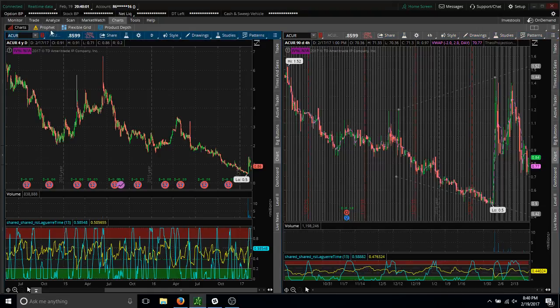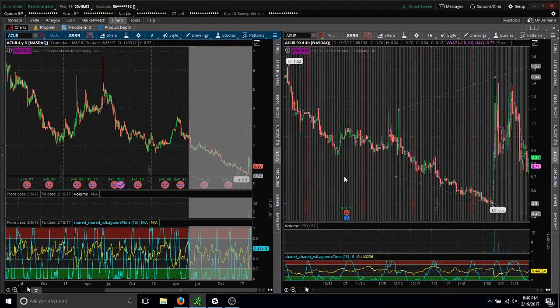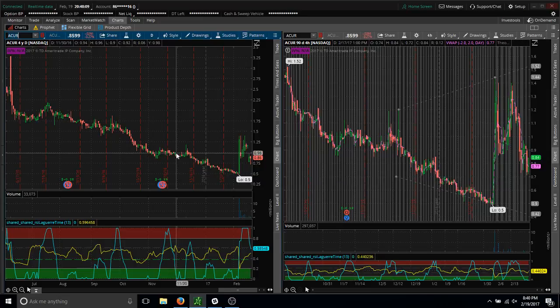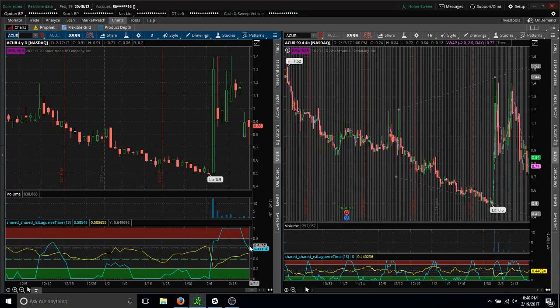ACUR. So yeah, the first thing I'm looking at is this guy right here, coming down out of the bottom. And you can see we've really been stuck at 1.4, $1.40.